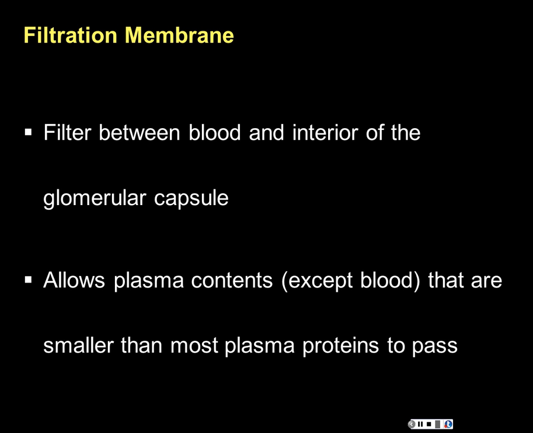It's a collection of cells that increase the surface area for filtration at the glomerular capillaries, while stabilizing the capillaries, because they are such high pressure, you don't want them to bust. So we have these cells associated with the glomerular capillaries to help increase filtration area as well as increase stability.